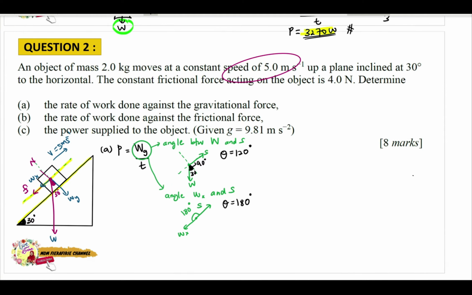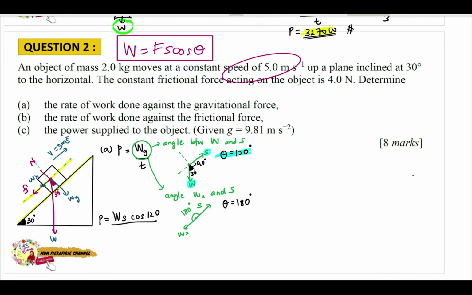So it's up to you. If you want to find the power against the gravitational force, and you choose W, then the work done by the gravitational force will be W s cos 120 degree, because we chose W. Remember again, the work formula is F s cos theta.